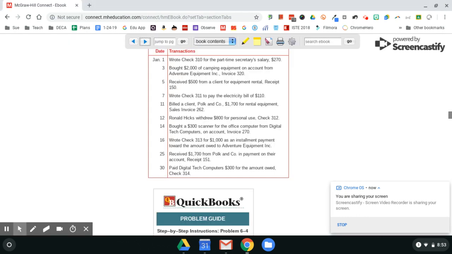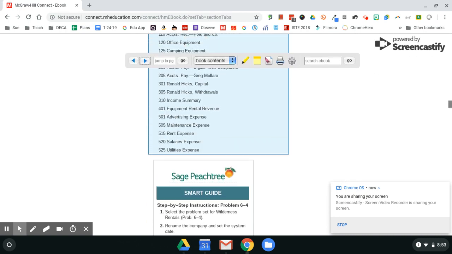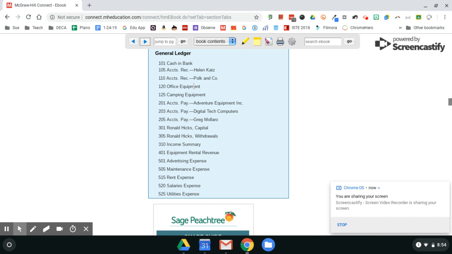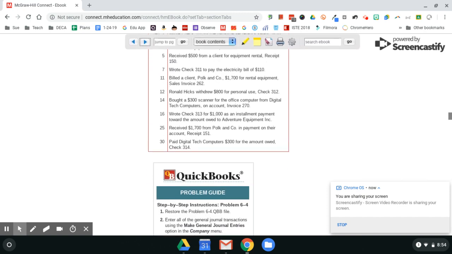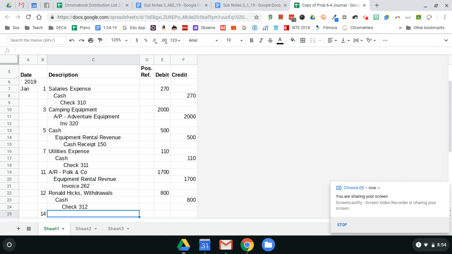All right. On the 14th, we bought a $300 scanner for the office from Digital Tech Computers on account. So I'm going to go look and see what the asset is up here. It looks like we have office equipment, and then our accounts payable for Digital Tech Computers. So that is on the 14th. So 14th, office equipment. I spelled that wrong.